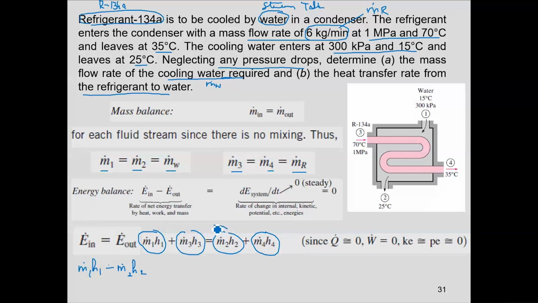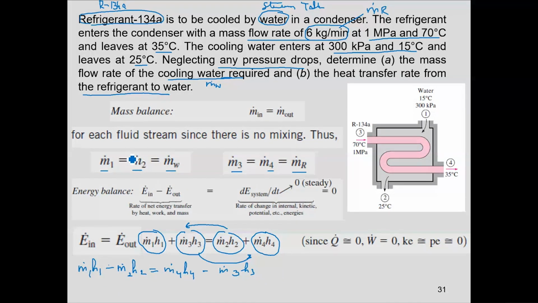I'll take the refrigerant term on the right hand side, so I'll have m dot 4 h4 minus m dot 3 h3. Now the water terms are on the left hand side and the refrigerant terms are on the right hand side.